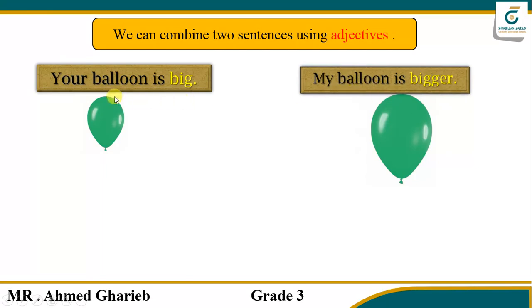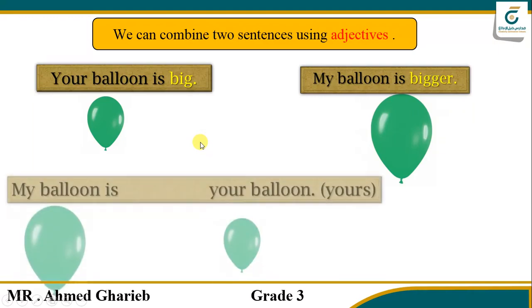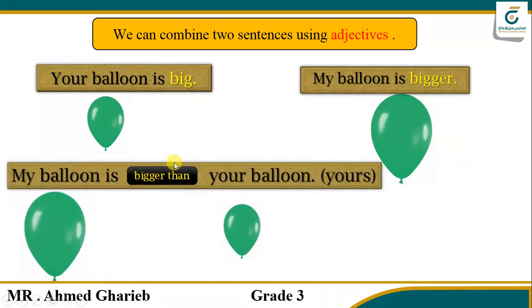So we have two subjects that share the same adjective, so we can combine them together and use just one adjective to compare between them, as we learned in comparative adjectives. Look, my balloon is bigger than yours or your balloon.